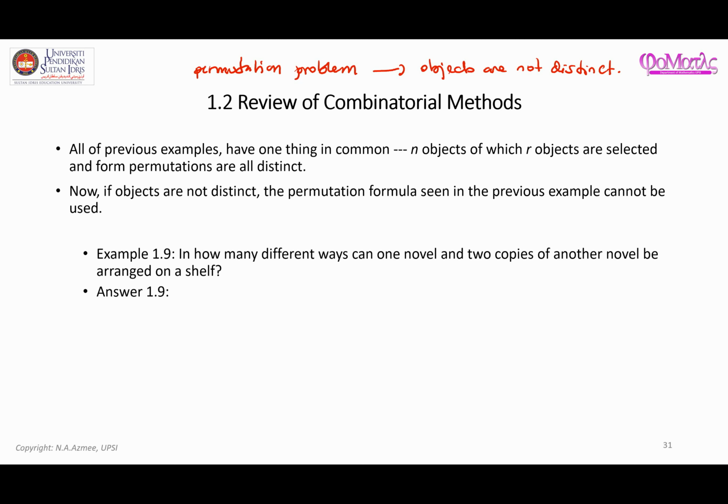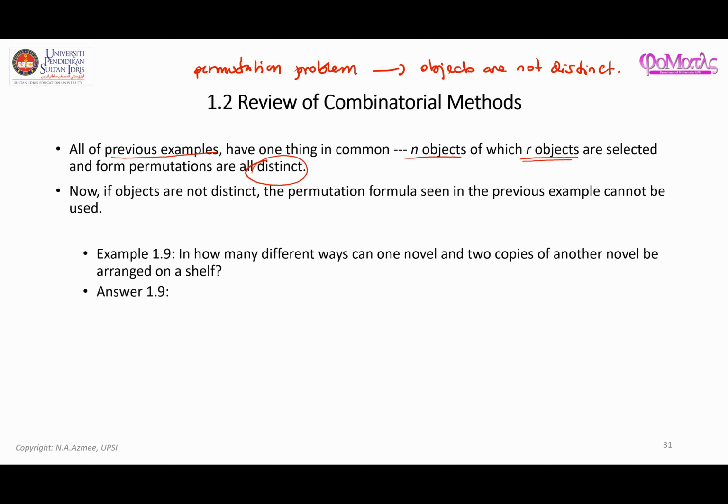All the previous videos have one thing in common: you have n objects and you select r objects, where the permutations can be formed on all objects being distinctively different from each other.